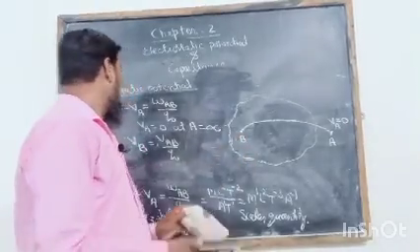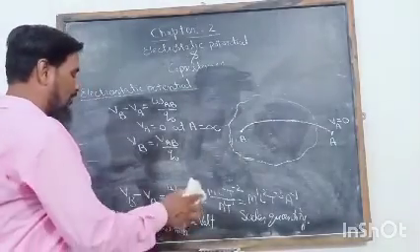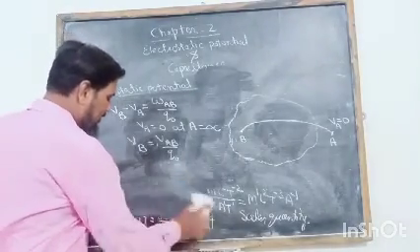So the definition of electrostatic potential is as follows.